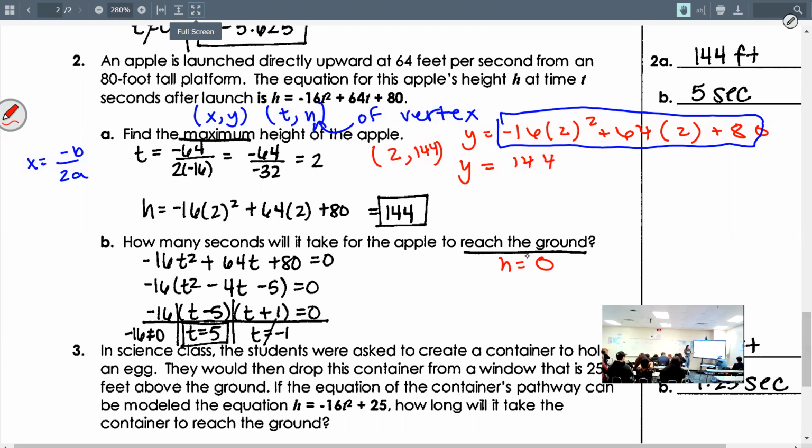So they chose to make the h 0 or make the y 0, and they chose to solve it by factoring. So GCF is negative 16. Then they factor the parentheses, negative 5 on top, negative 4 on the bottom.